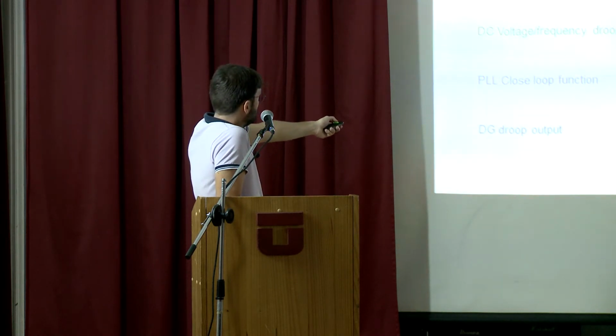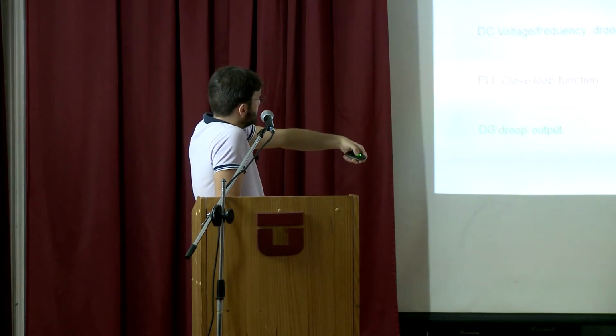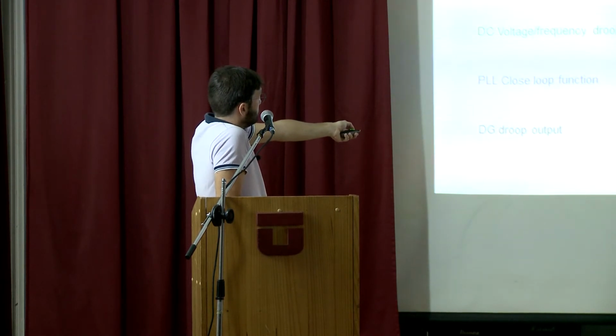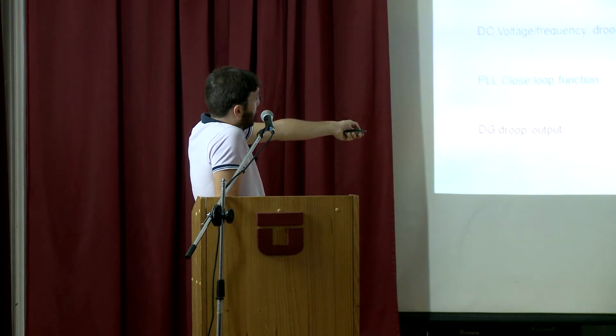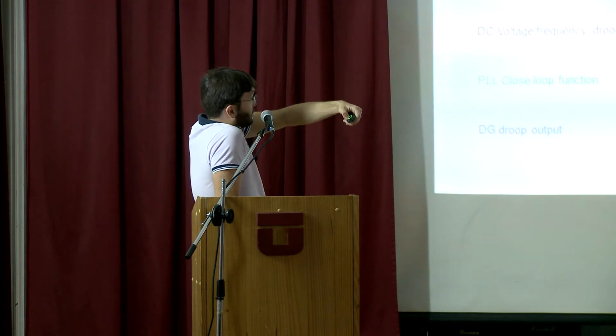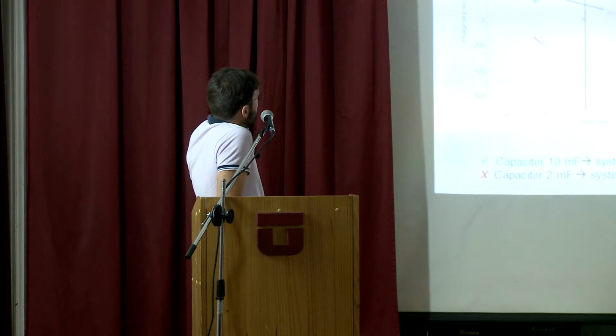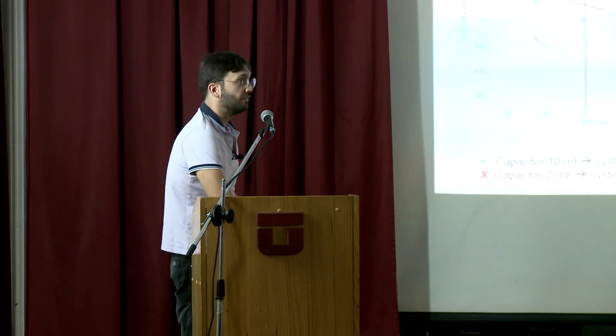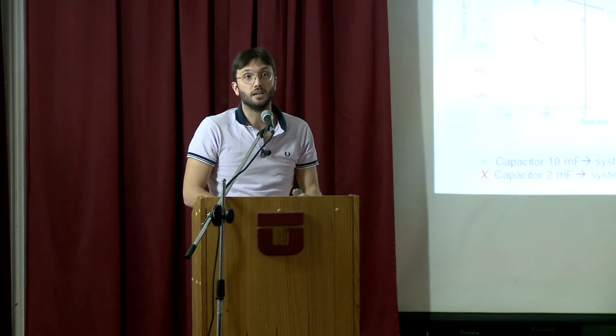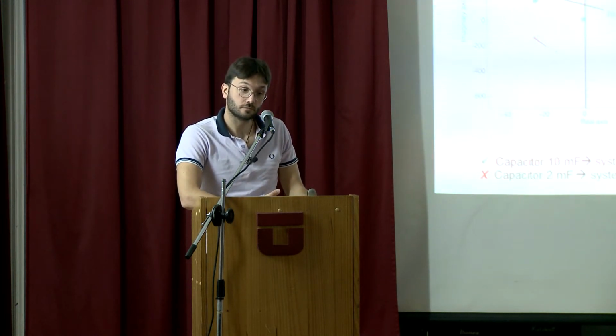To actually write down the transfer function, the PLL operates as a third order transfer function because we have the PI regulator and we have the integral action. So we can see that if we have some small DC link capacitor, the effect is like having a slow PLL.